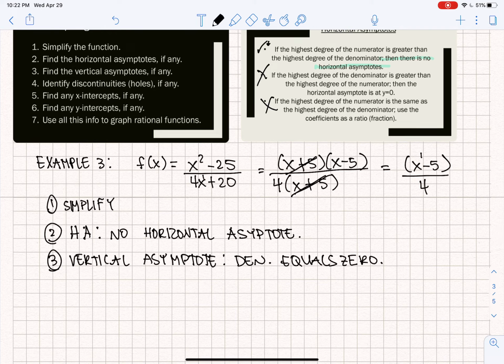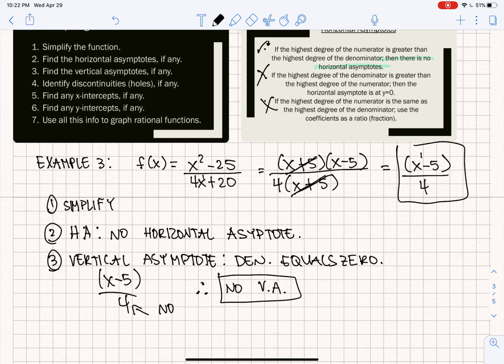Here I have x minus 5. I'm using the simplified form. Can I set 4 equal to 0? No, I cannot. So therefore, it has no vertical asymptote and it has no horizontal asymptote.